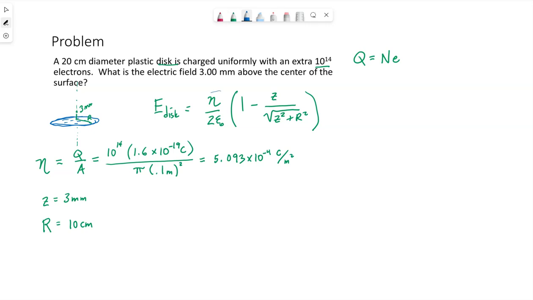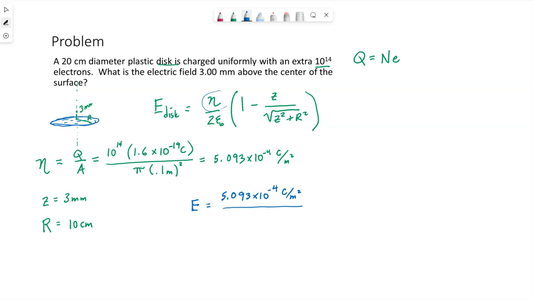And that's what needs to go in for eta right here. So now we have everything to plug in. We just need to solve for this electric field. Now, as we plug these numbers in, this is going to give us just the magnitude. We will talk about the direction as well.